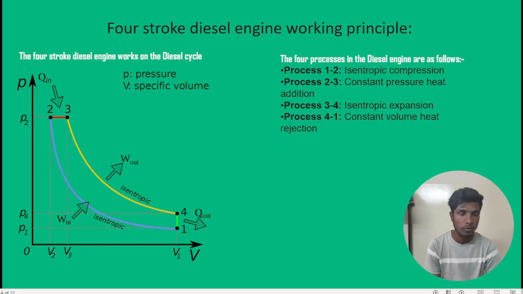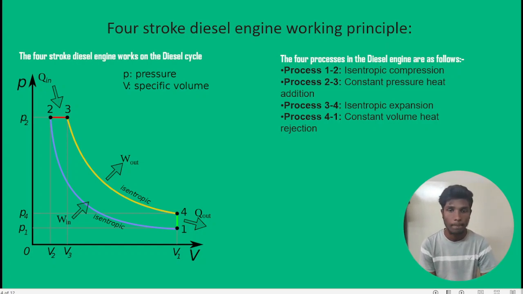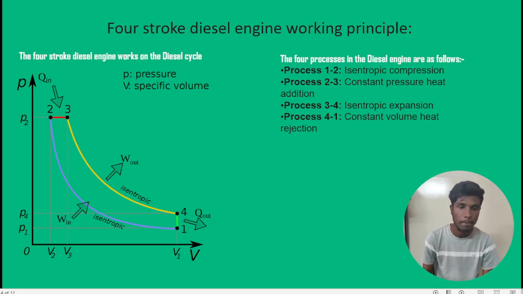So V1, V2, V3, P1, P2, P3, P4. It works based on the diesel cycle, and this is the graphical representation.